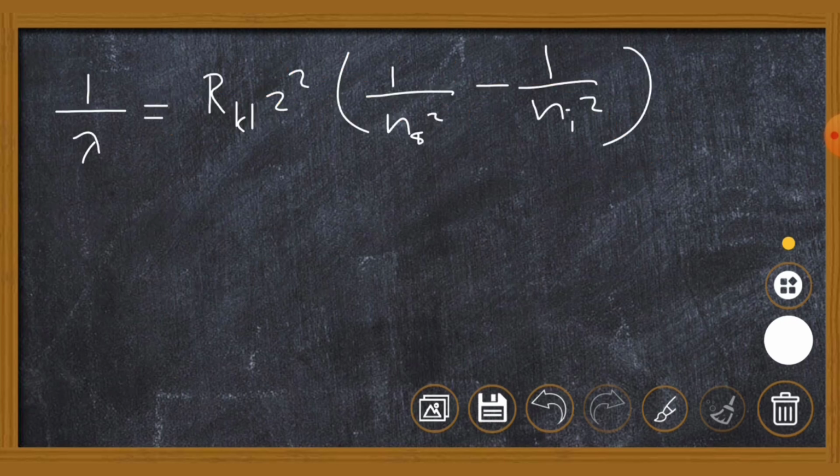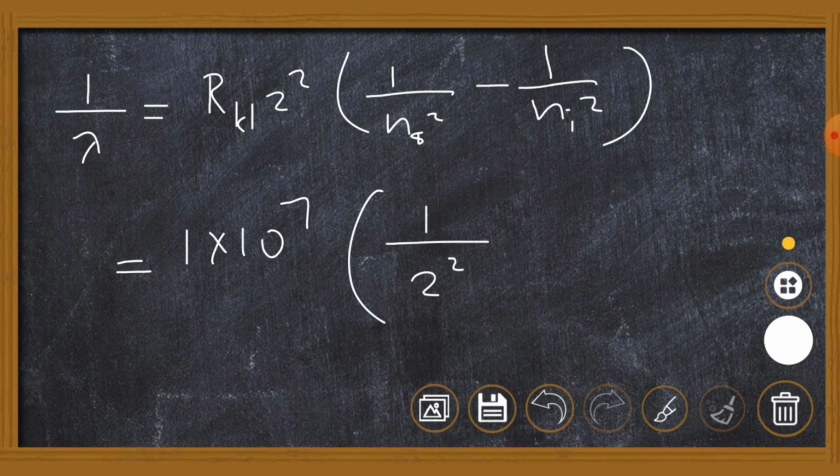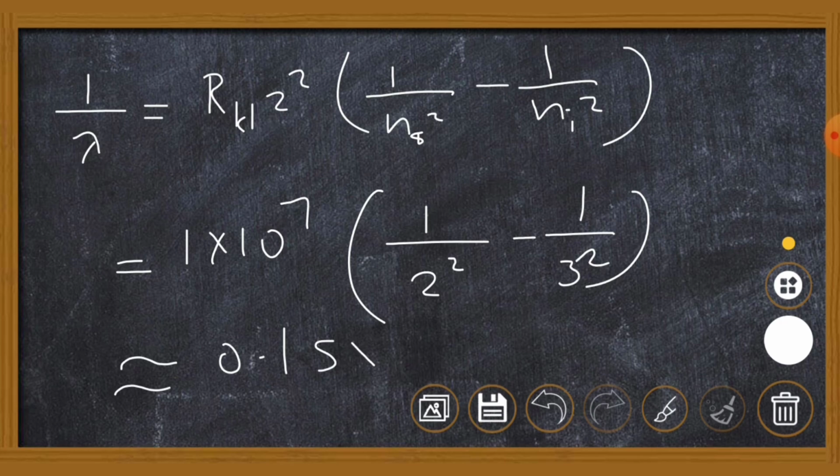Therefore wave number equal to Rydberg constant 1 into 10 raised to 7 per meter, Z is 1 here, and 1 by 2 square minus 1 by 3 square, which is approximately equal to 0.15 into 10 raised to 7 per meter. Option A is correct.